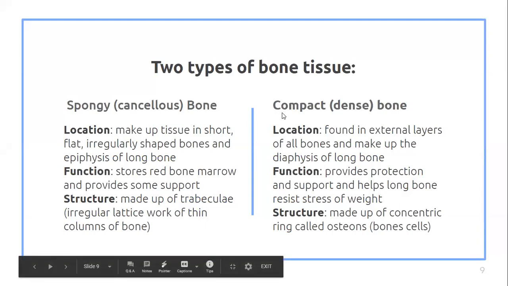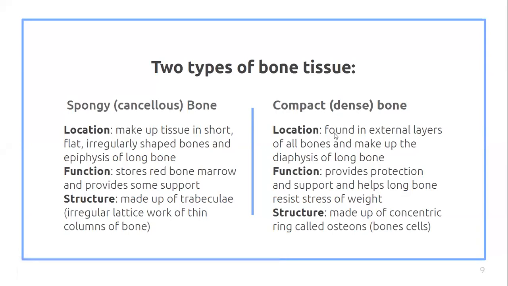And then we have compact bone, which you can also call dense bone, the same thing. These are found in external layers of all bones, so they're like the lining, the outside of all bones, and they make up the diaphysis of long bone. The function of compact bone is to provide protection because they're found on the outside, and it also provides support and helps long bone resist the stress of weight.